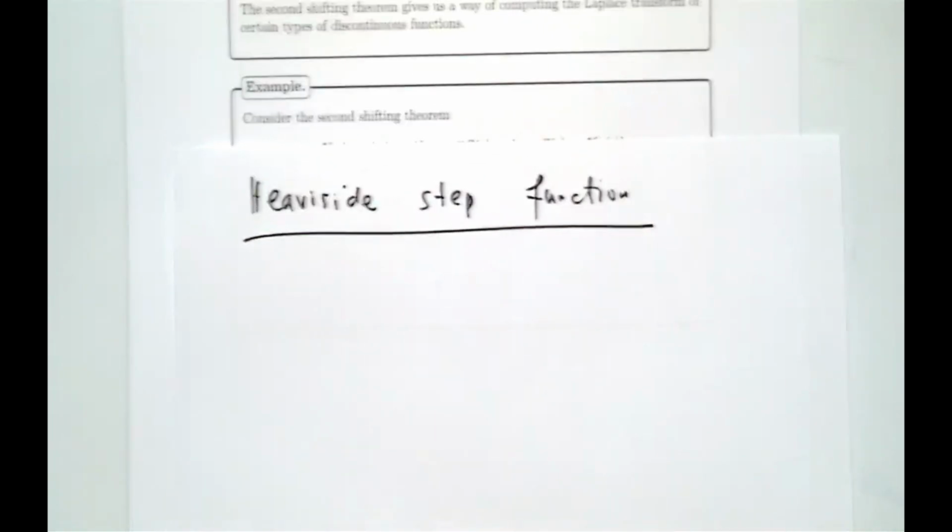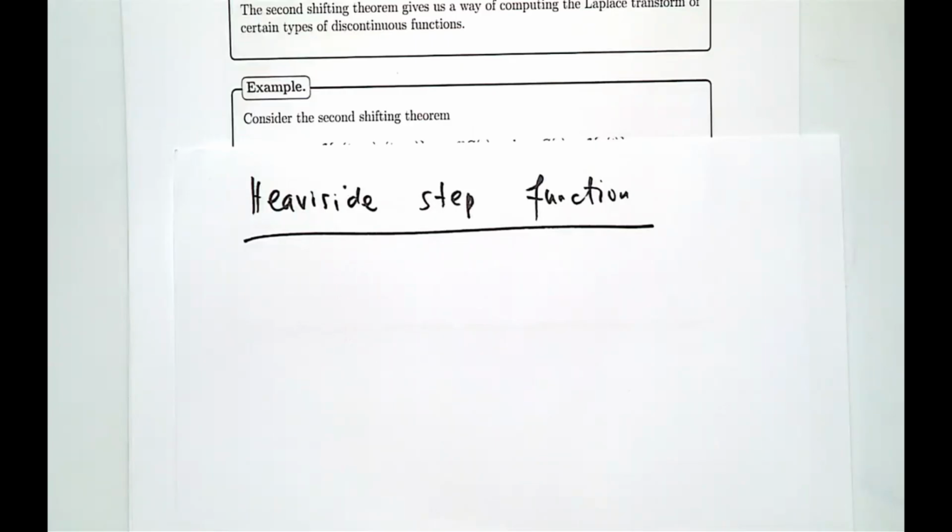Heaviside step function. Okay. Does anybody recognise the name Heaviside? Anyone? Yeah? Here's an engineer from back in the day. Very good one. They named this function after him. So let's have a look at what it is.